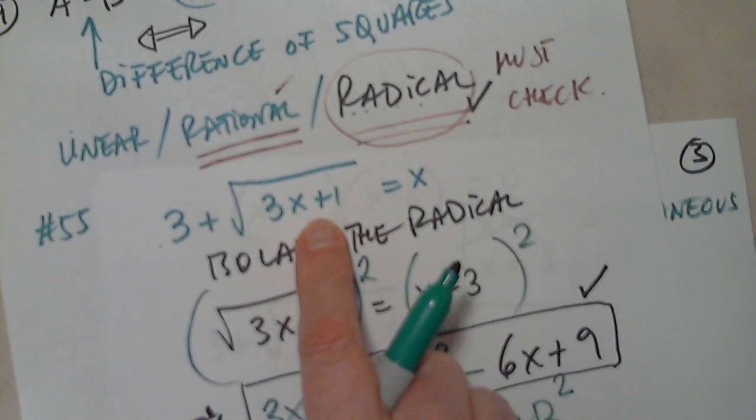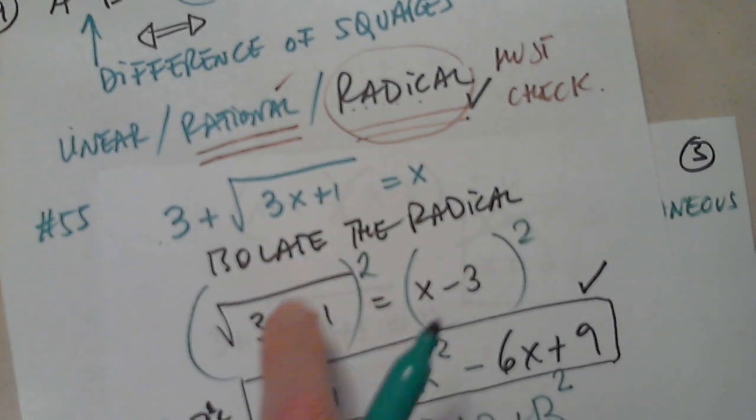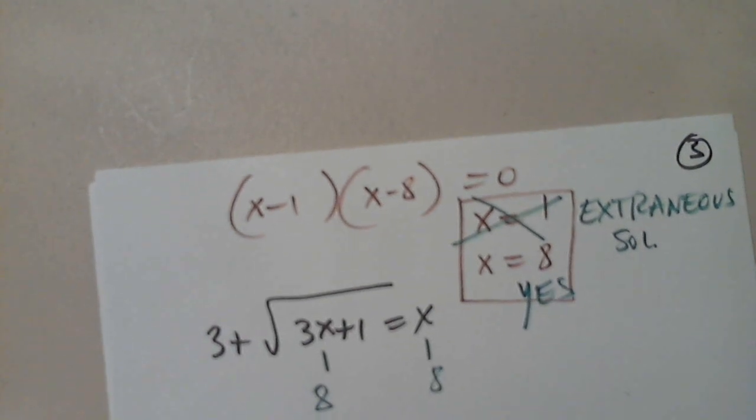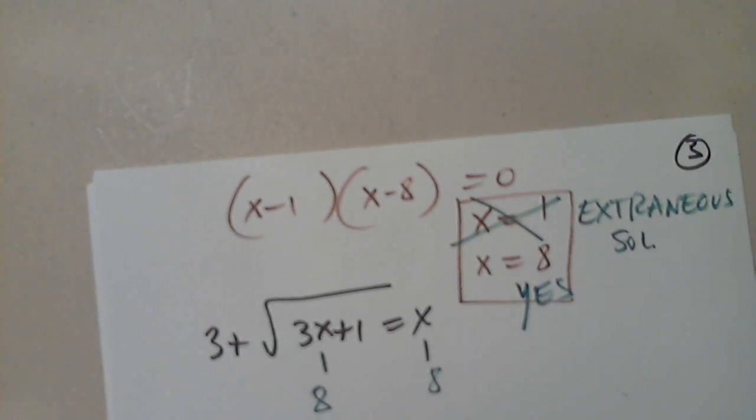But it does not work in the original problem, so we don't care for it. It's out. At this point, I have to check 8. I'm checking 8. 3 times 8, 24. Plus 1, 25. The square root of 25, 5. Plus 5 plus 3, 8. Yes. And this turns out to be the only solution. And it checks. It works in the original problem.